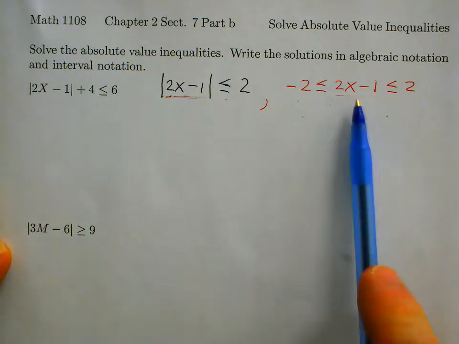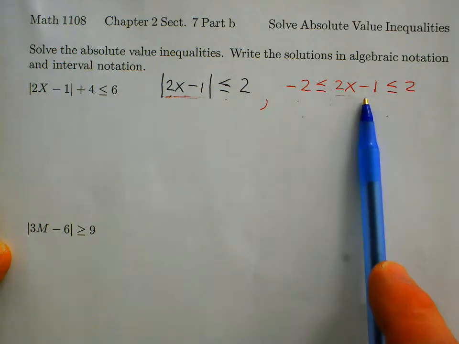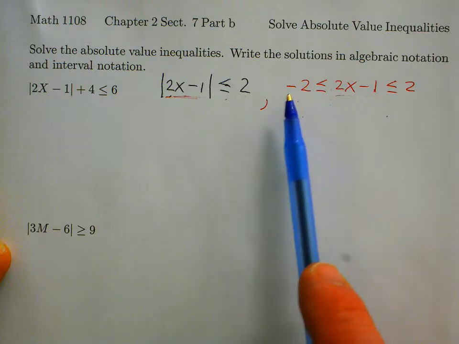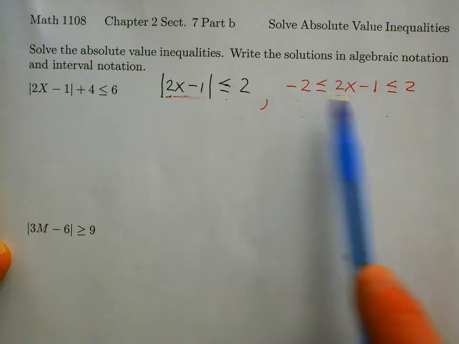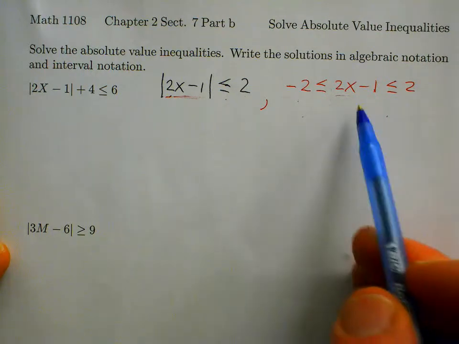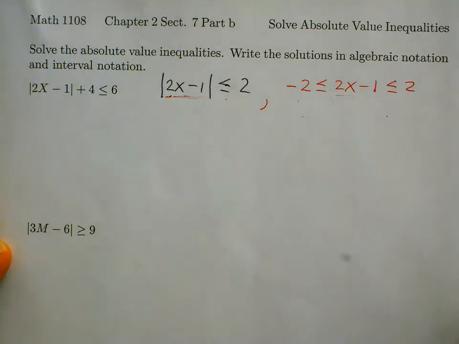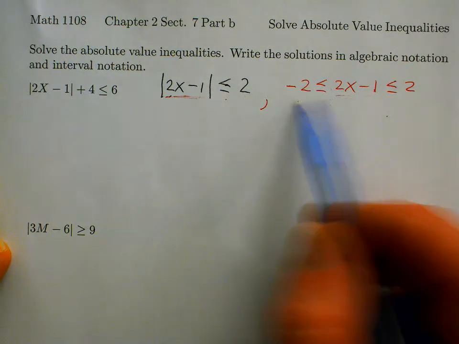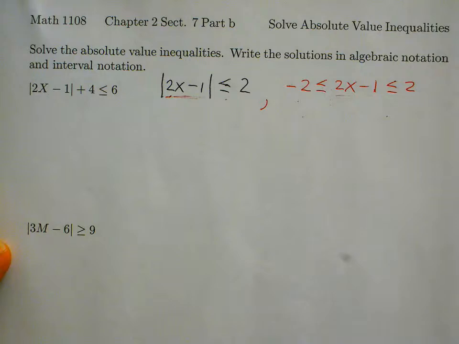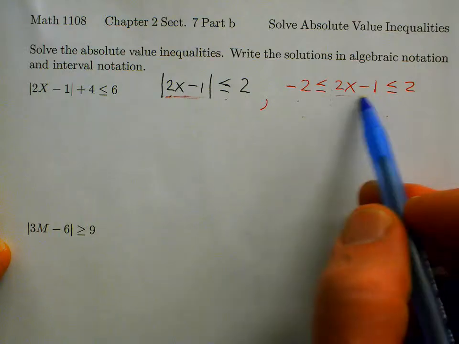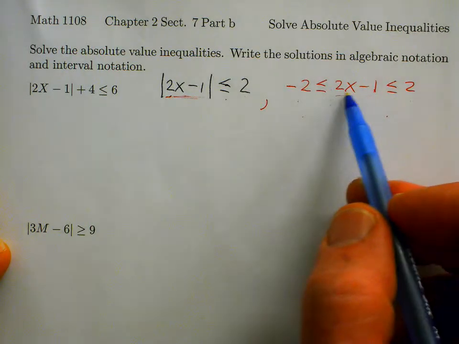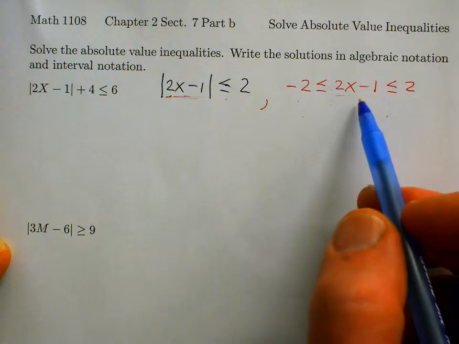Okay, the goal is to solve for x. So to get x by itself in the middle, we're just going to do the same thing to all three parts of this inequality. The first thing we'll do is add 1 to all three parts. As long as we add the same number to all three parts, the inequality will remain true. Since we're starting out with 2x minus 1, we want to add 1.